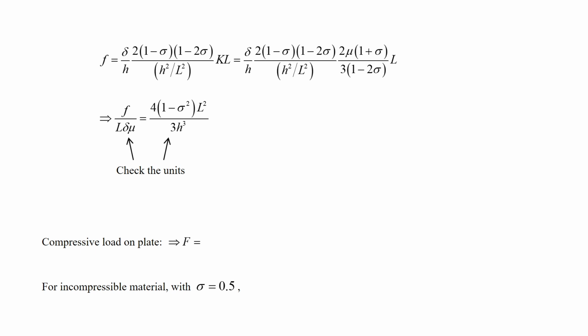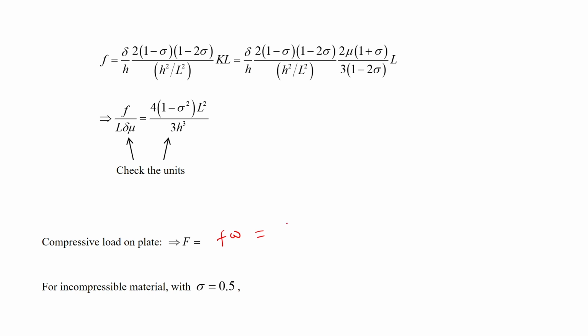So, this is the expression that I get. The compressive load on the plate is equal to L into delta. So, it is F, remember that it is per unit width. So, width I can write as omega, remember that this is f into width w.